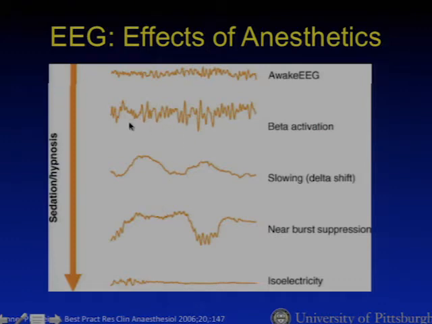Similarly, the predominant frequencies also initially increase during the early stages, beta activation, after which the EEG shifts to lower frequency, theta and then delta waves. And then with sufficiently deep anesthesia, you see burst suppression characterized by bursts of high amplitude activity on a flat baseline.